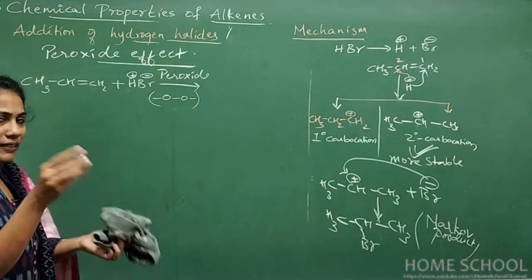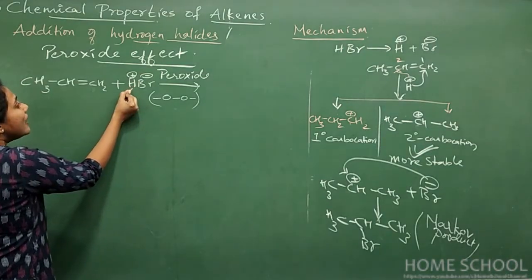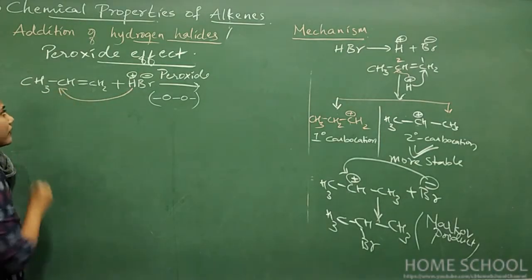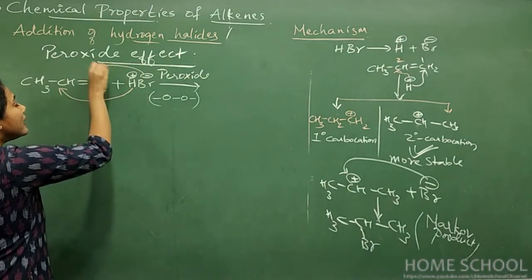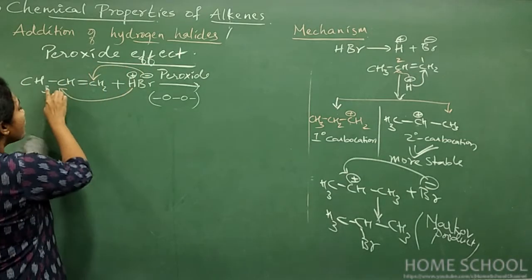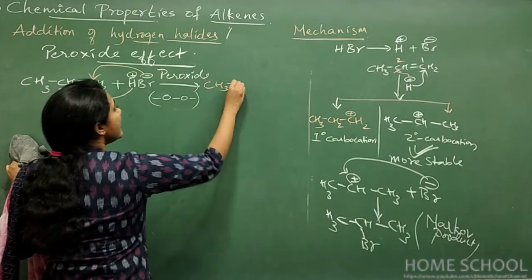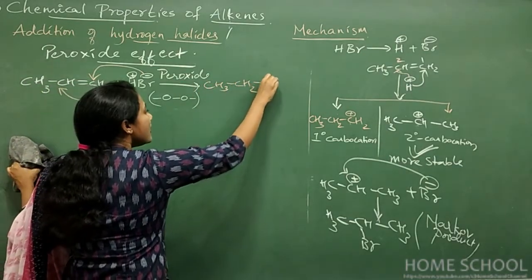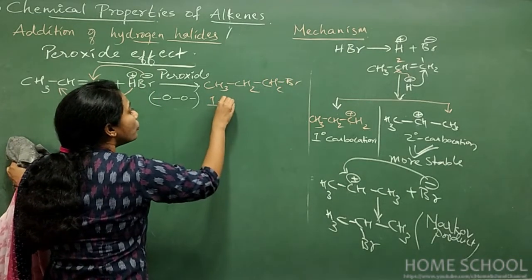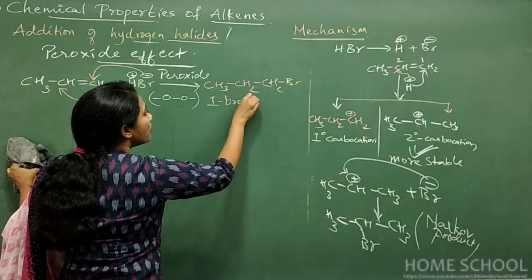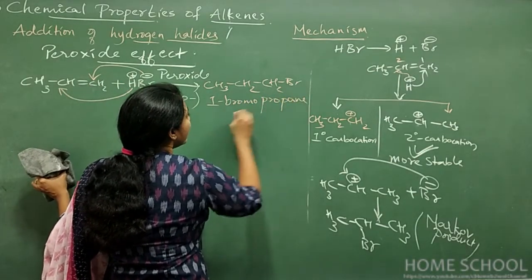So exactly opposite to that: the positive part is added to the carbon having fewer hydrogens, and the negative part is added to the carbon having more hydrogens. So what product will you get here? CH3, CH2, CH2Br, that is 1-bromopropane, is the major product you will get.